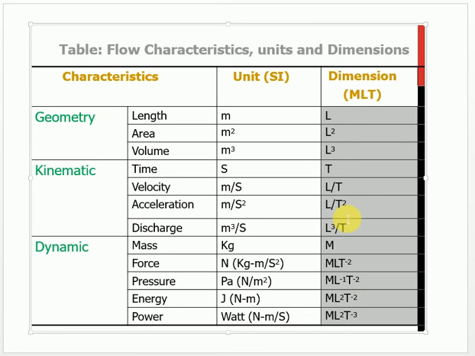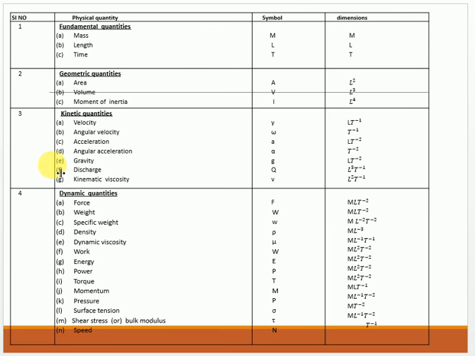It's basic, very simple and easy to understand, and easy to score good marks in your university exams. Here I have attached a few more physical quantities. For force, Newton; weight, again Newton; specific weight is Newton per meter cube.